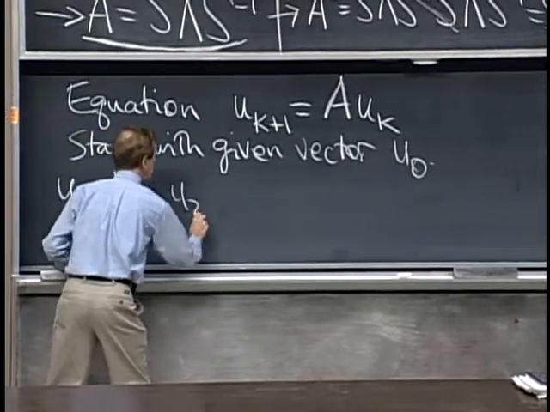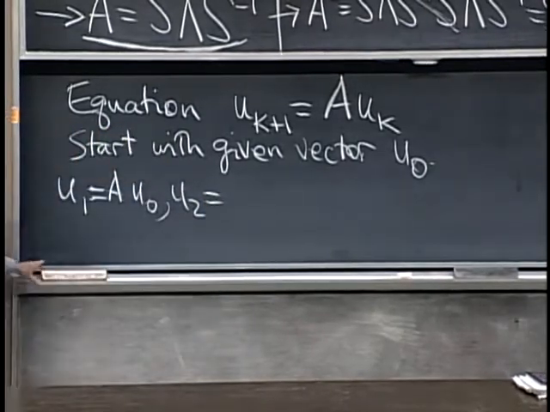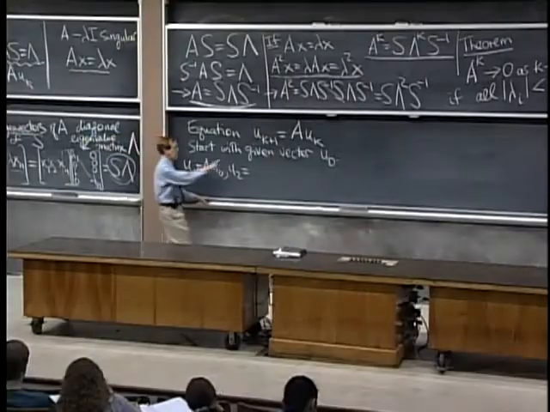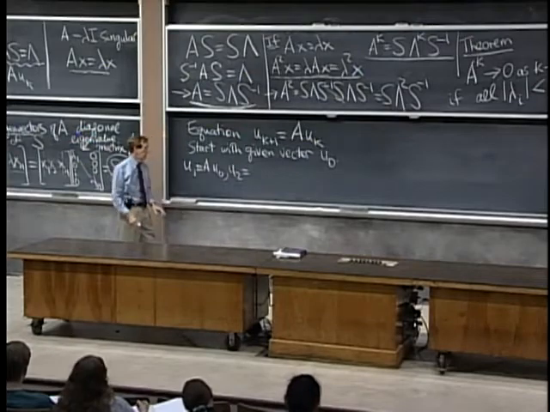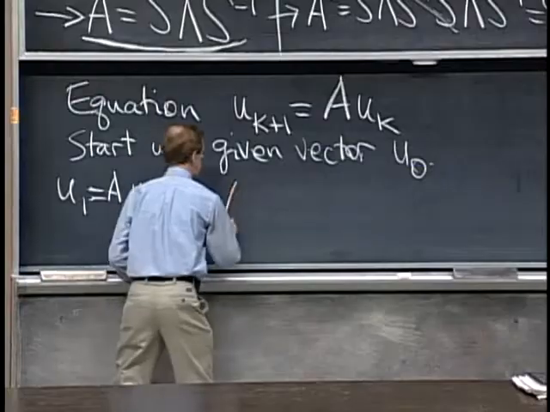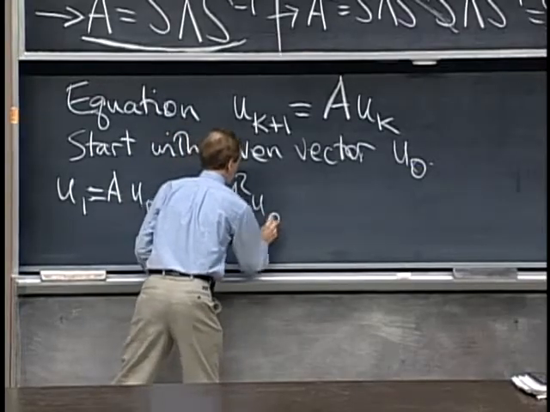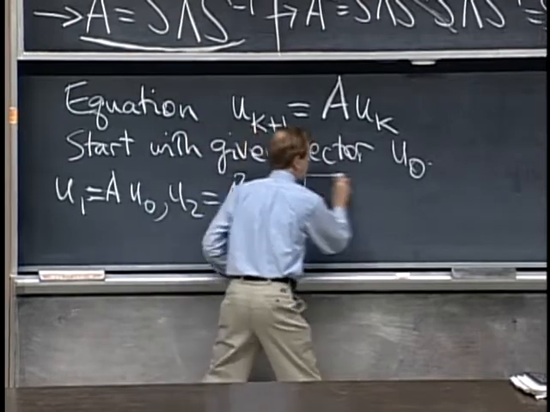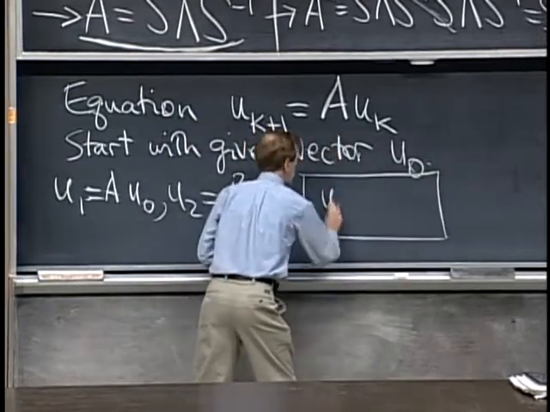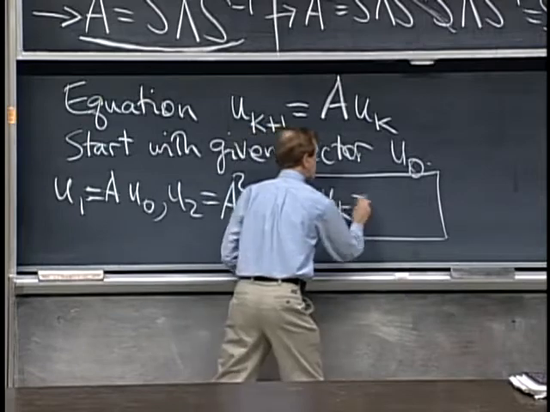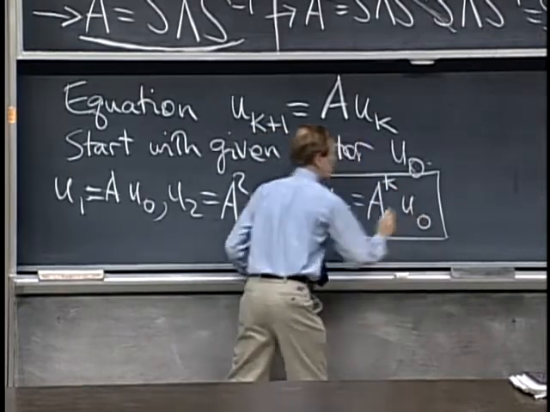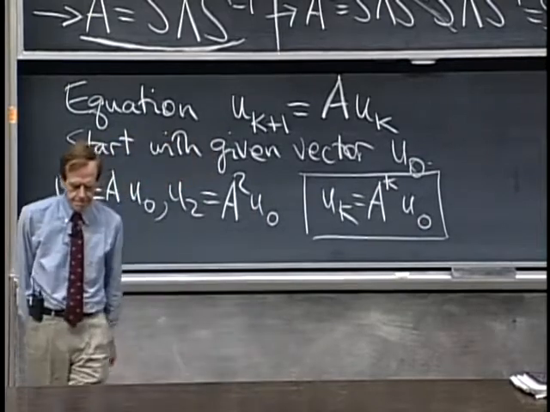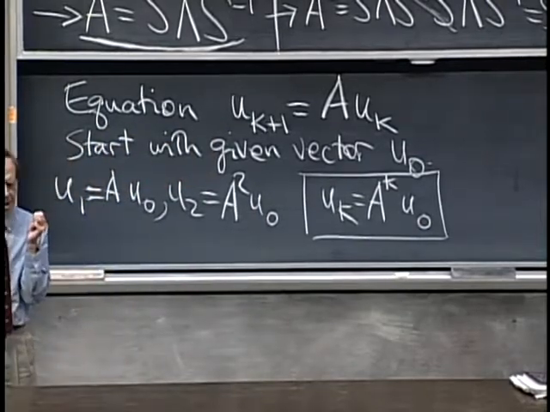And u2 I get from u1 by multiplying by A again, so I've got A twice. My formula is uk, after k steps, I've multiplied by A k times the original u0.